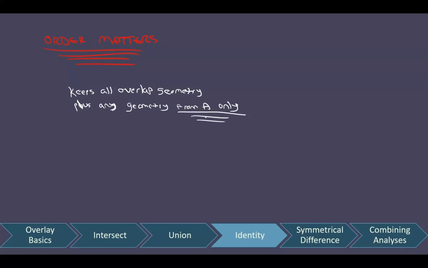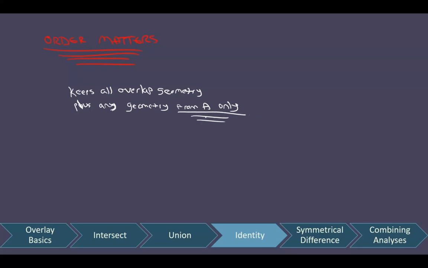Because what identity does is keep all of the overlap plus any geometry from A only.